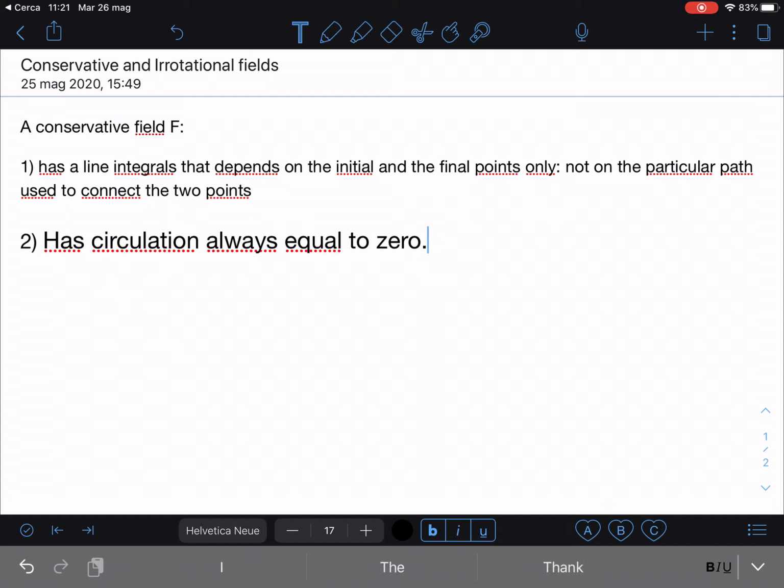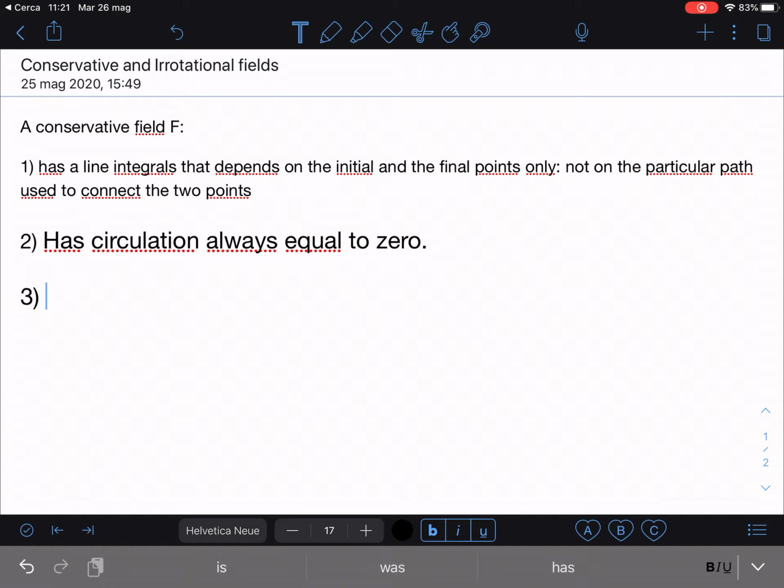Remember that circulation is the line integral on a circuit, so on a path whose initial point equals the final point.